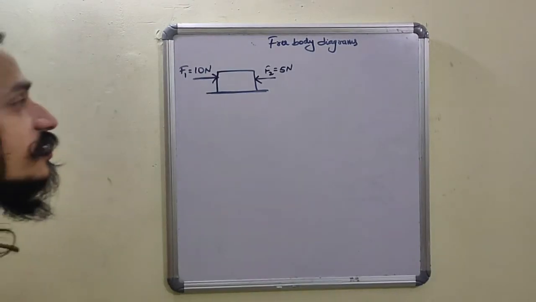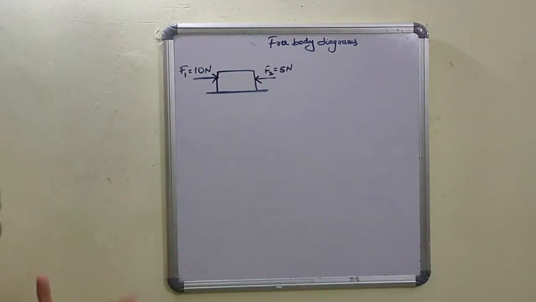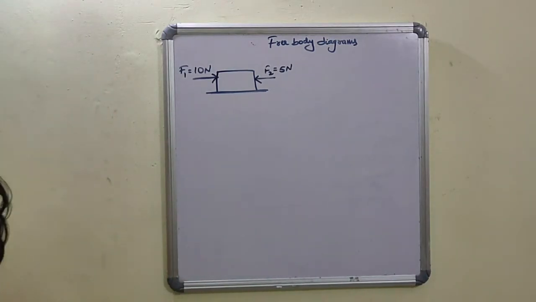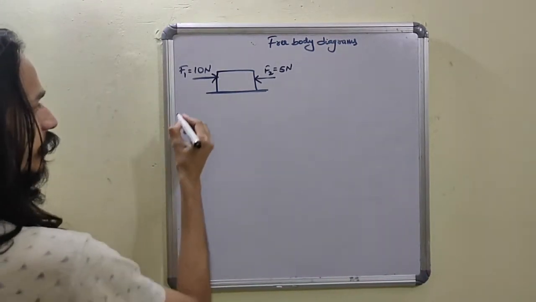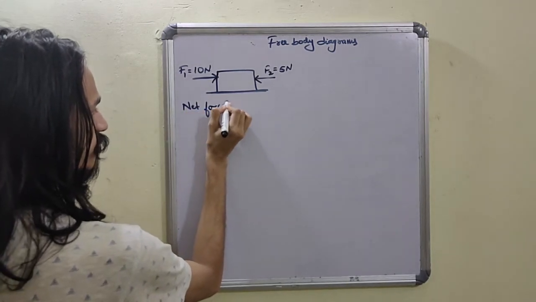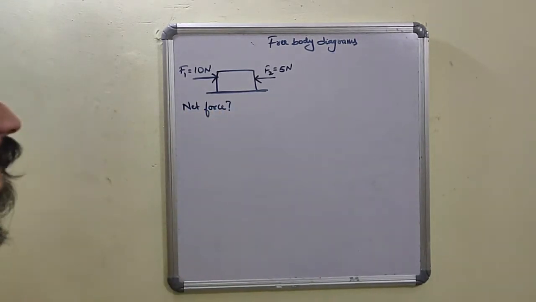Now the question is, will the body move, and if it moves, in which direction will it move? For that we need to find out what is the net force. Now how do I find this net force? Simply the sum of all the forces acting on that object.